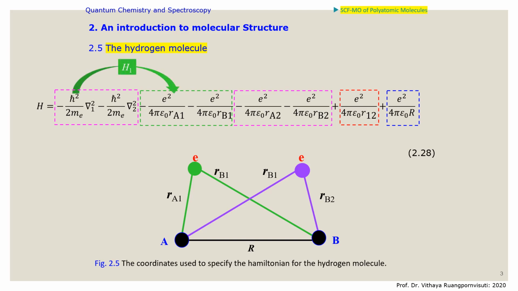If we use H1 as the Hamiltonian operator of electron 1, as the sum of the kinetic terms and interaction terms, and H2 as the Hamiltonian operator of electron 2, then the electron-electron interaction term is ignored.